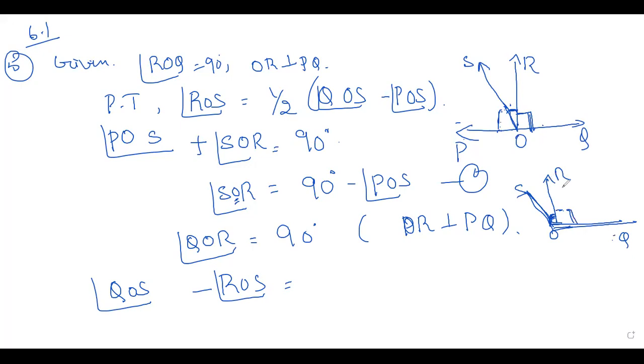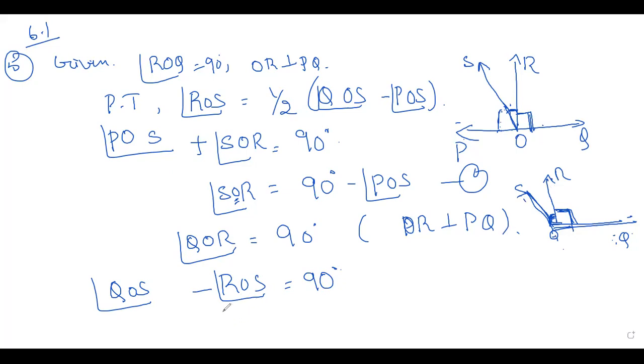That is QOR, right? Take the full angle SOQ, subtract SOR, which angle do you get? That is equal to 90 degree. Now shall I write 90 degree here? See, SOQ minus SOR is equal to 90 degree.